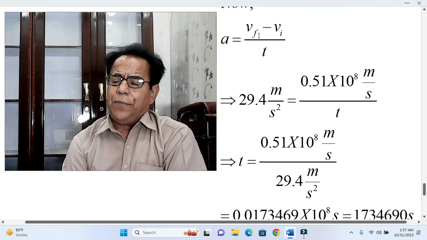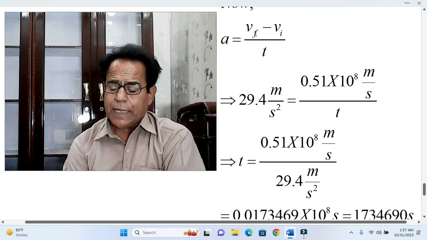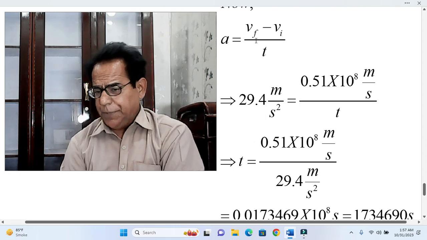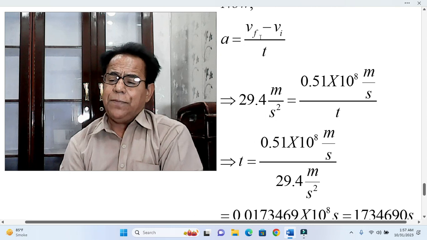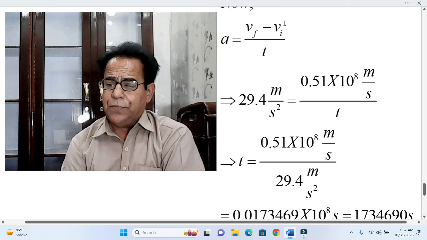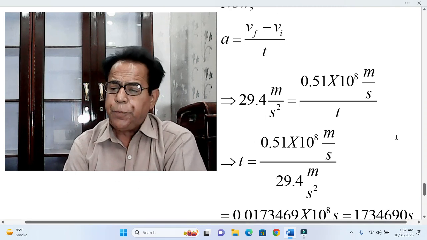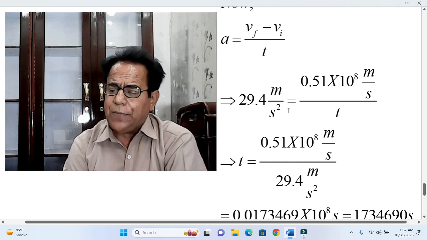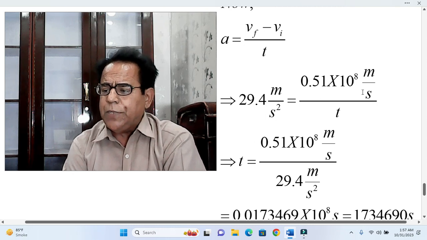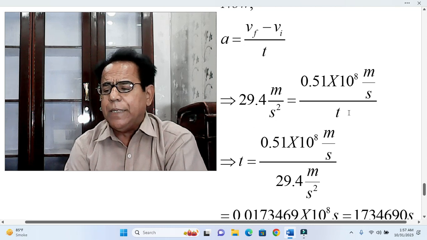Okay, and the value which we have found for V, we have taken that value as delta V, change in velocity. Or we can say that we have taken that value as final velocity Vf, while Vi is assumed to be 0. Okay, anyhow, in place of acceleration, this value which is provided in the statement is put, and here the velocity V which we have found in the previous step is put, and here time is still as it is.